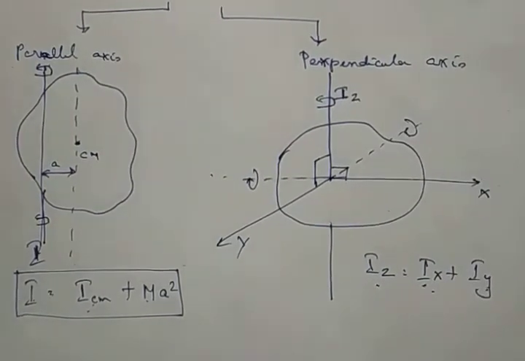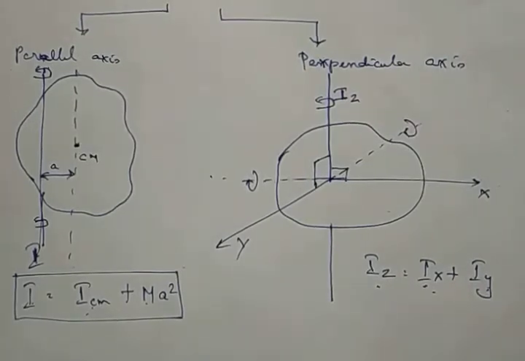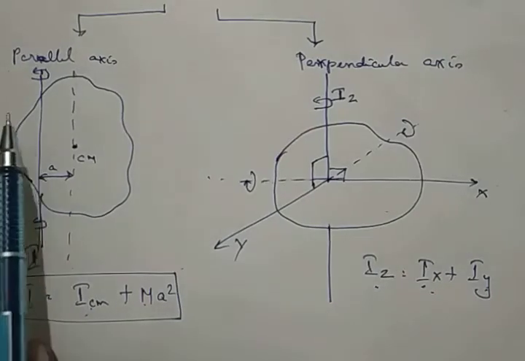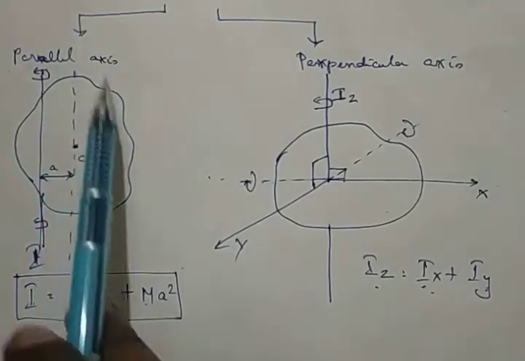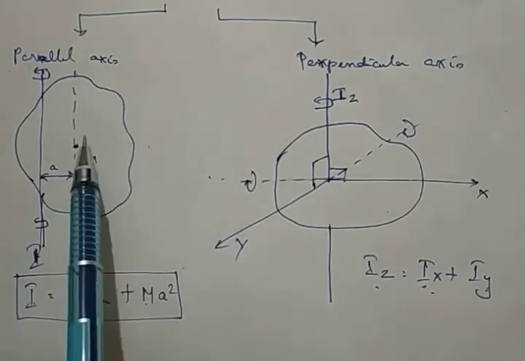These are the two important axis theorems. If you already derived this, we have found how it is. We'll move forward to a few other applications of this, where it will be used. Hope you got an idea about why there are two theorems: the parallel axis theorem will go along any parallel axis, but not all the time will it work like this.